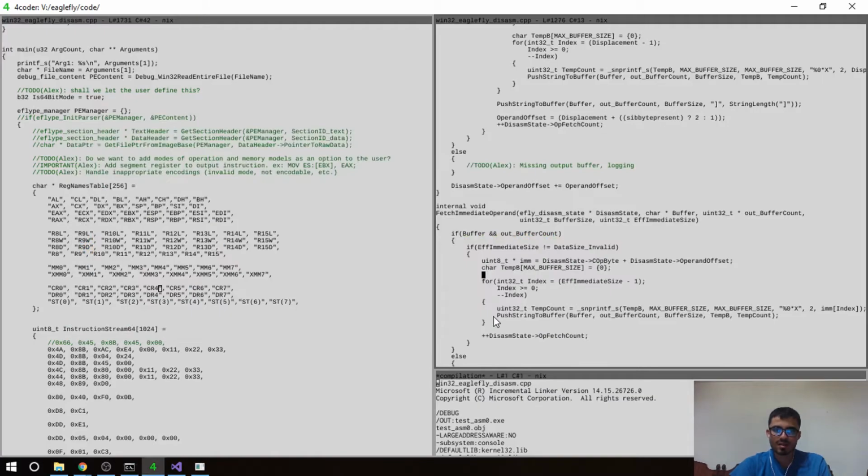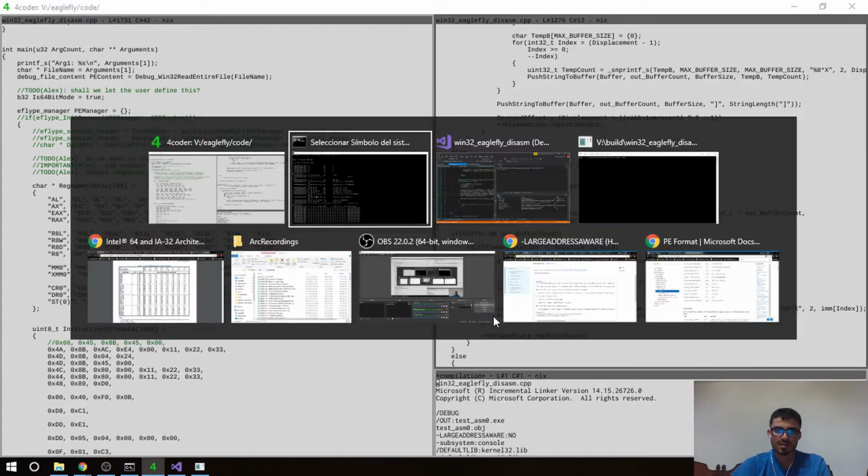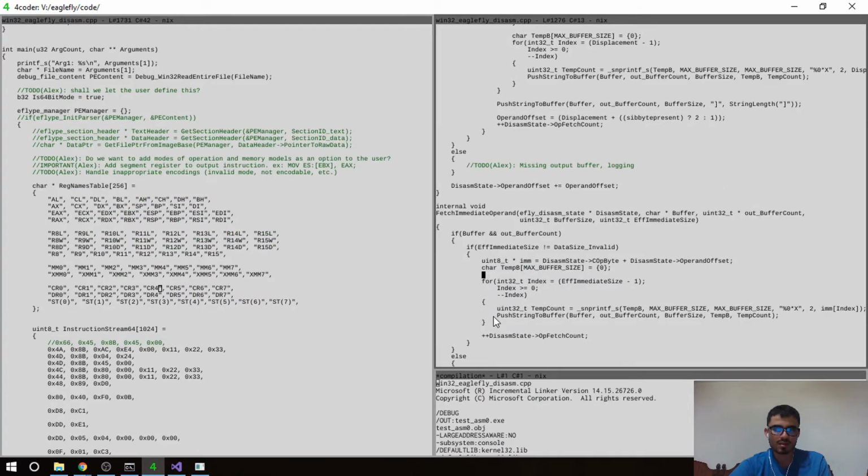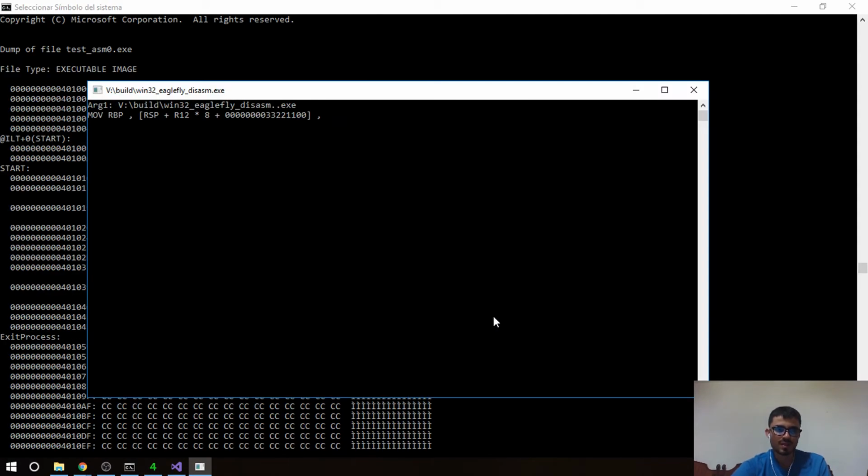And yeah, so we print instruction. We have a move RSP plus R12 times 8 plus displacement of 64. Well, displacement 32, extended to 64. And yeah.